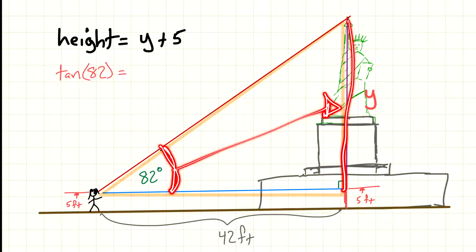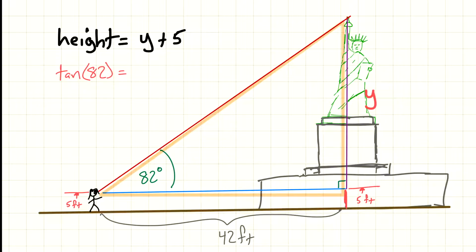This is going to be y on top, and then we're going to do the 42 on the bottom. All right, so then we're going to solve this. I'm going to put this over 1 so that we have it set up like we normally do. And so let's cross multiply that. And we're left with y equals 42 times tan of 82.